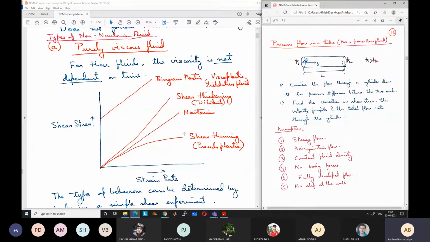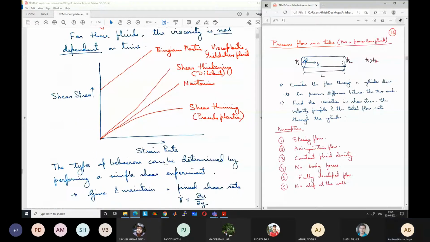One of the most popular models for describing all three types of fluids, shear thinning, shear thickening, and Newtonian, is known as the power law model. We have started discussing the power law model.